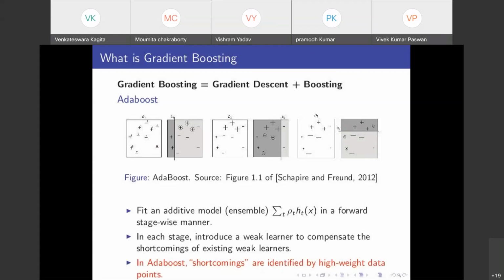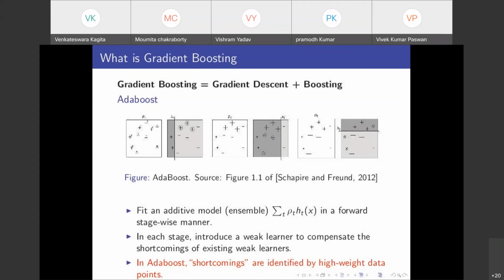Right. So in the case of boosting technique, what are we doing? We are fitting an additive model in a forward stage-wise manner. And in each stage, we are introducing a weak learner to compensate for the shortcomings of the existing weak learners. We are identifying the shortcomings of the existing learners and representing them with high weighted data.